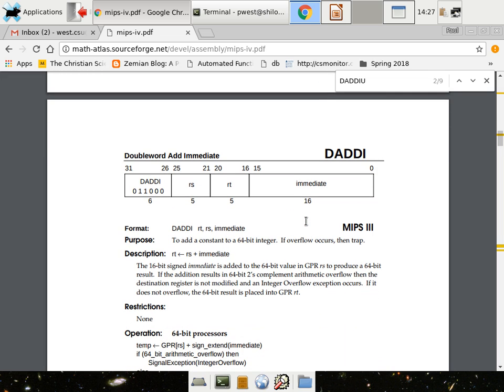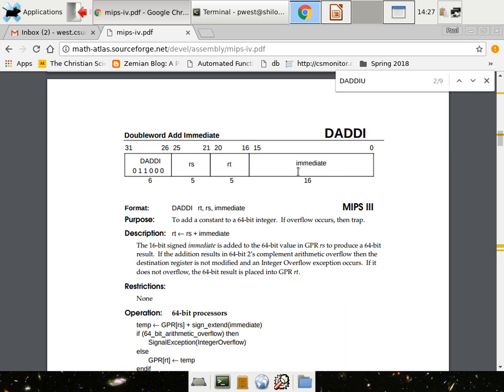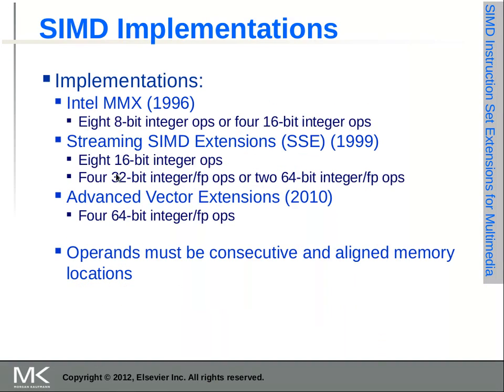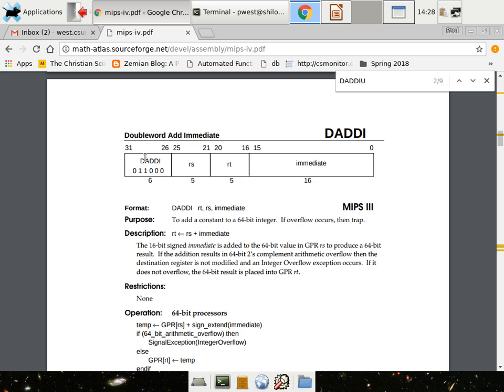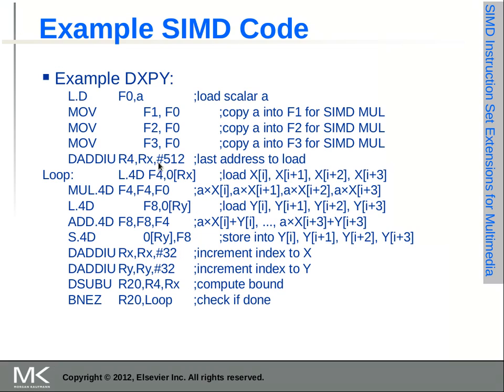Double add immediate. Okay. Immediate. So it takes the value 512 and adds it to what looks like a base address into RX. Wait, which one is RX? Yeah, it goes into RT. So they're finding the base address for RX, loading it in.